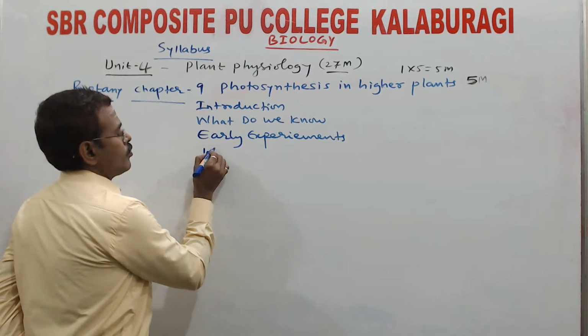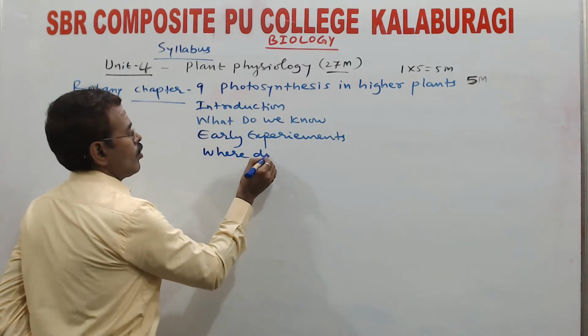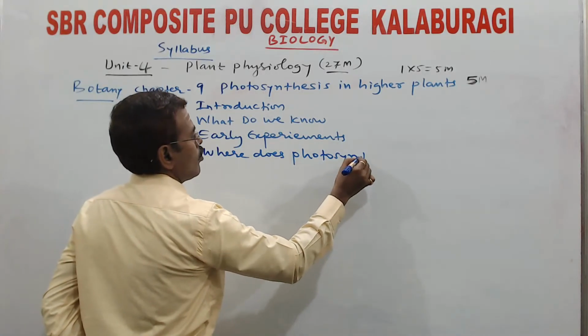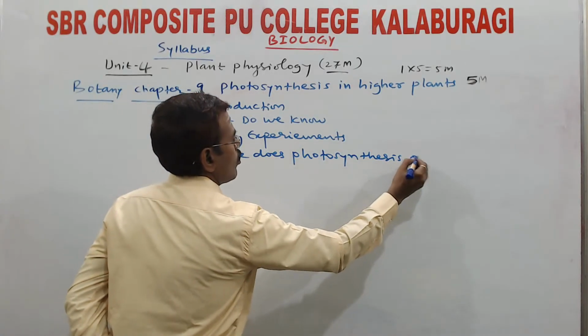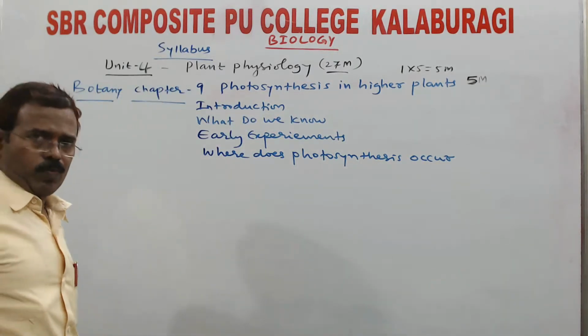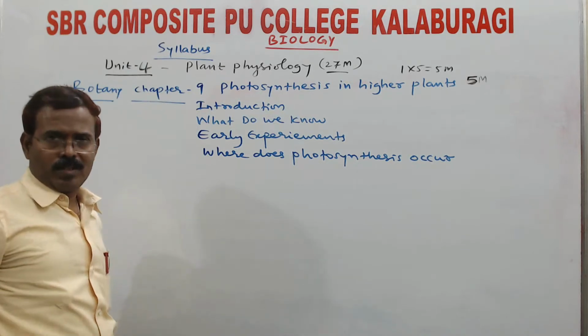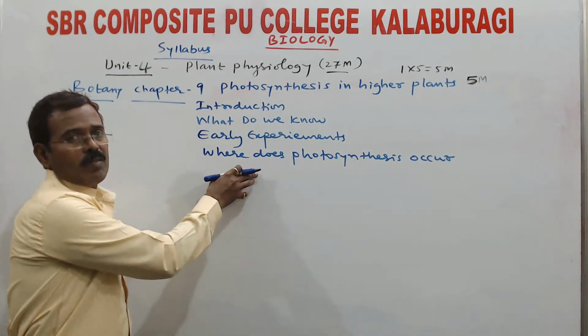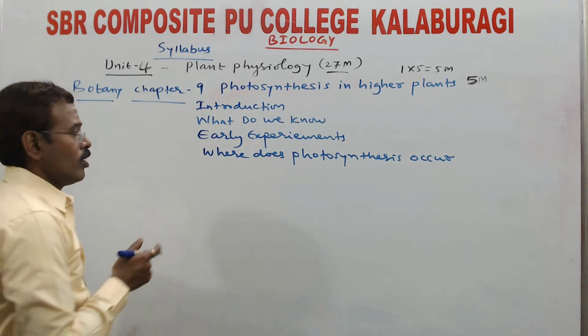Then where does photosynthesis occur? Photosynthesis occurs in chloroplast. Chloroplast is the photosynthetic apparatus. So we learn briefly about chloroplast structure.